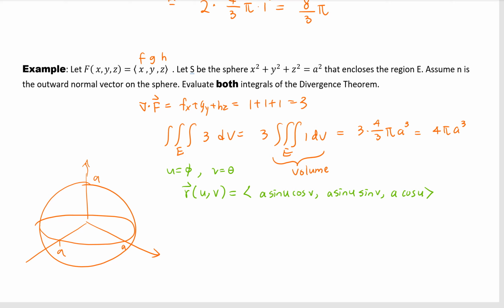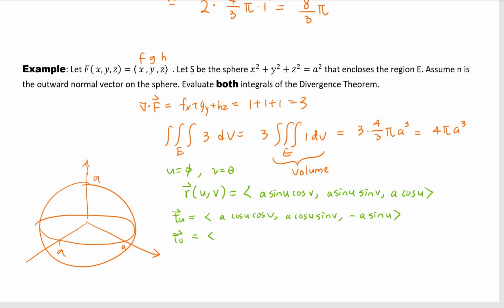And what's Tu? Well, Tu is the derivative with respect to u. Even though we have done this before, it doesn't hurt to do it one more time, just to review. The derivative with respect to u gives a cosine u cosine v, a cosine u sine v, minus a sine u.